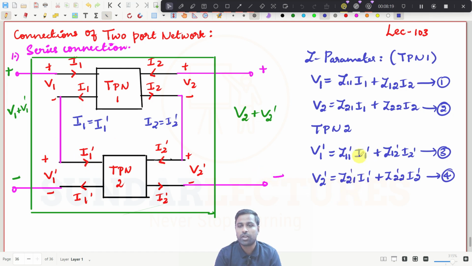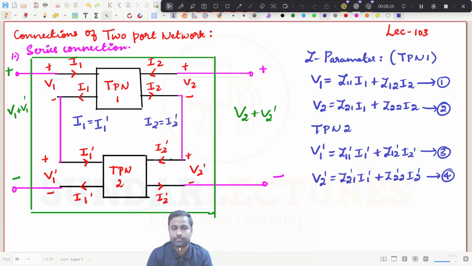Then what you do? You just substitute in this equation now. Instead of I1 dash, you just substitute. I will write here, I1 is equal to I1 dash, and I2 is equal to I2 dash. So from equation number 3, you can convert this one.